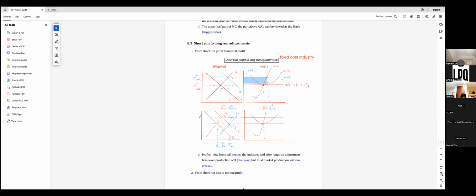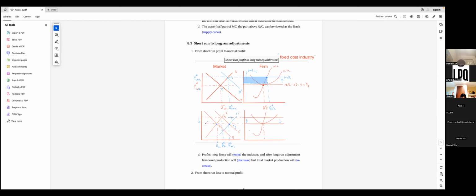Regarding how the price will change, because the total market supply will increase, the market price this time will fall back to, assuming, the original level. So the market price has fallen back to the initial level.